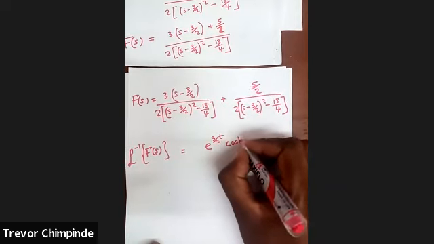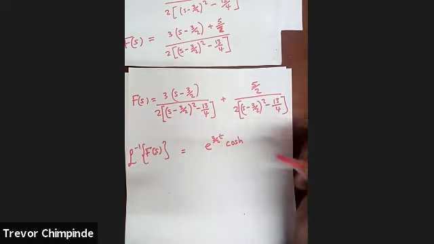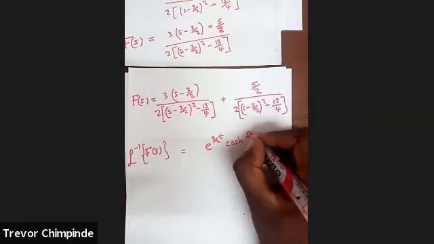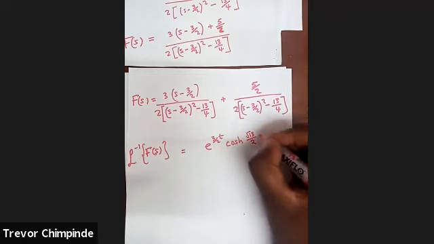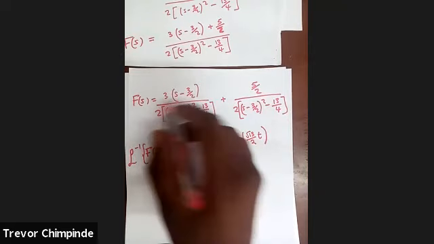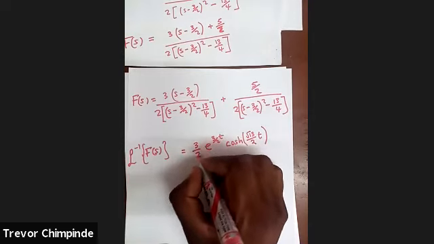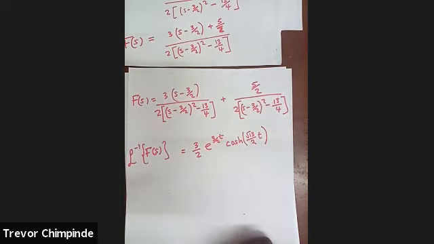Okay, continue. Root 13 over 4 t. So it's root 13 over root 4, which is 2, t. Correct. But we just don't forget this 3 and the 2, so we can write 3/2 here.